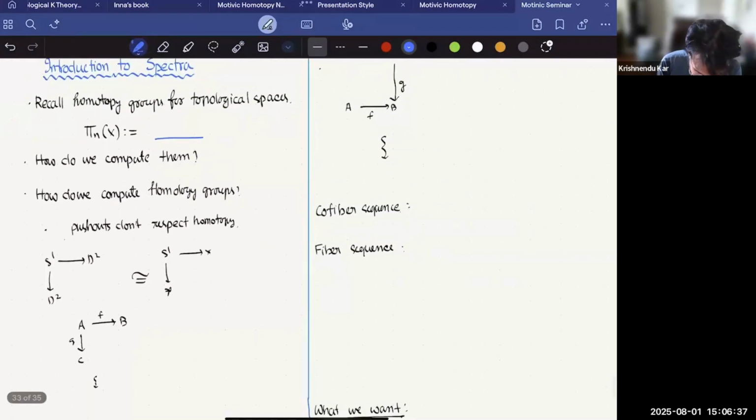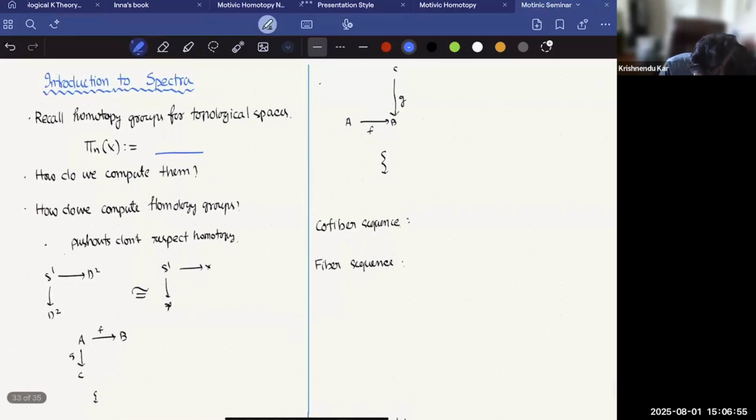Recall how we define normal homotopy groups for topological spaces. You'll quickly realize the limitations here and why we need to modify topological spaces.